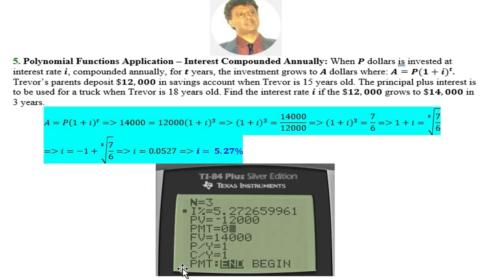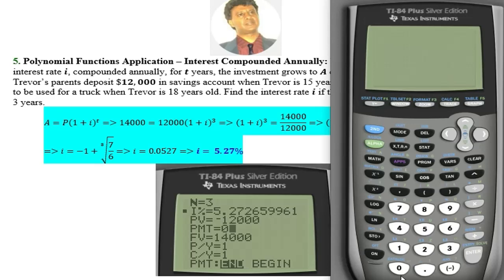P over Y and C over Y are 1, 1. Then just press alpha, solve, and you will get 5.272659961, which is 5.27 approximately.